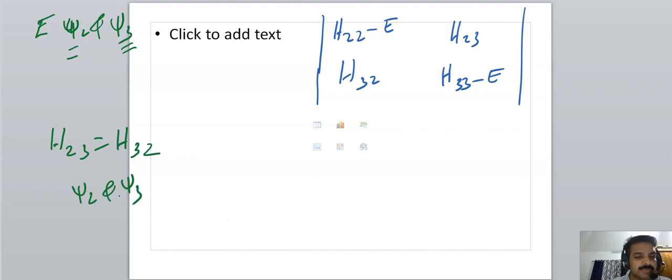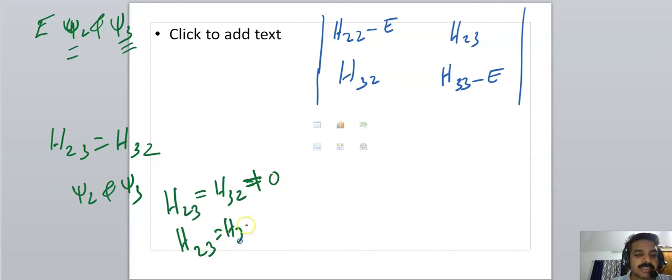If psi 3 and psi 2 interact to form a new SILC, then H23, which is equal to H32, is not equal to 0. If they do not interact, then H23 is equal to H32 is equal to 0, and then psi 2 and psi 3 themselves are SILCs.